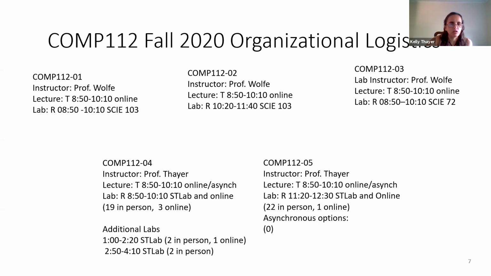And each section has an instructor. I am the instructor for sections 4 and 5, and Professor Wolf is the instructor for sections 1 through 3. These sections are online. These sections are running in hybrid. So the lecture time, as you'll notice, is exactly the same for all of them. It is 8:50 to 10:10 in the morning on Tuesdays.